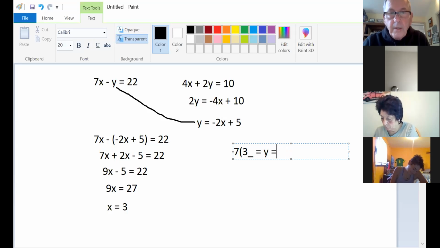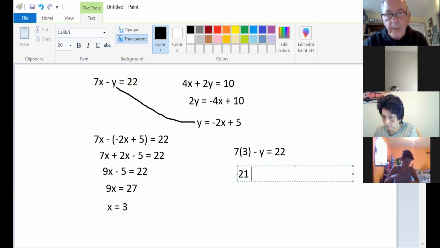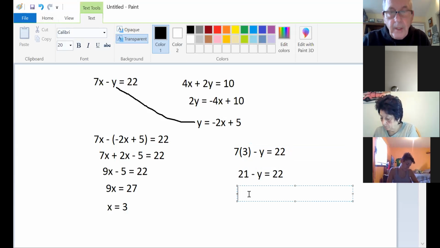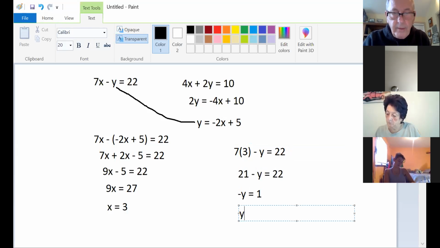So now I've got 21 minus y is equal to 22. Now I subtract 21 from both sides. I get negative y is equal to 1, right? So now I've got y is equal to negative 1.